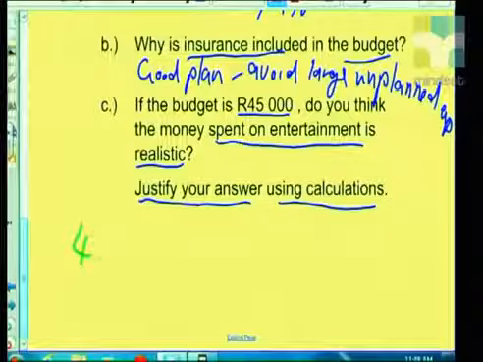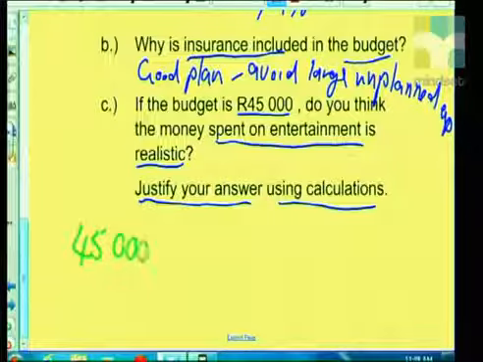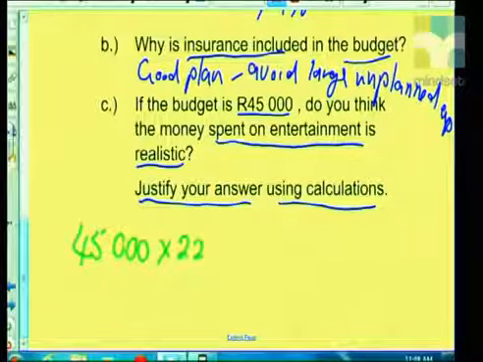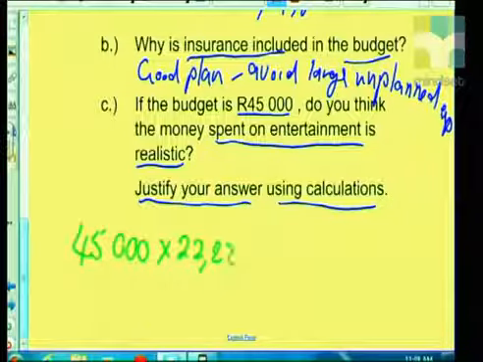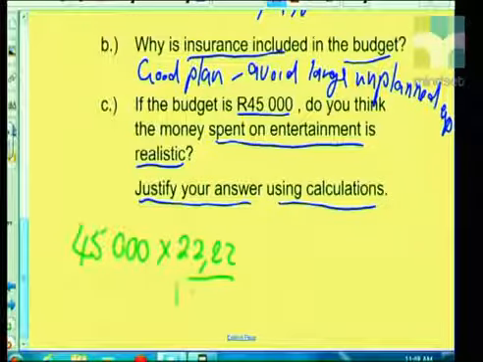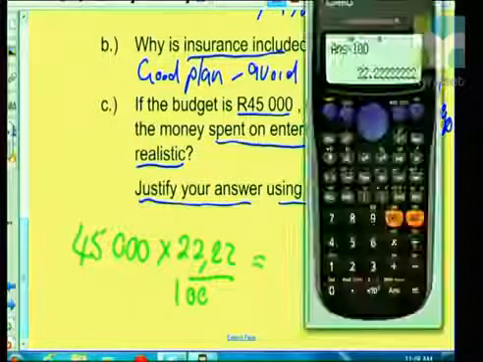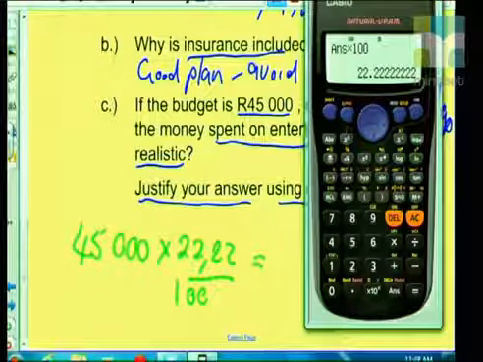Now, how much money is that? Well, let's go and look. How much money did we start with? We started down at the bottom, I think you can see, 45,000 Rand, and we're going to say how much money was the 22% worth. It's 22.22 divided by 100 to work out the percentage. How much money are we actually allocating to the entertainment?